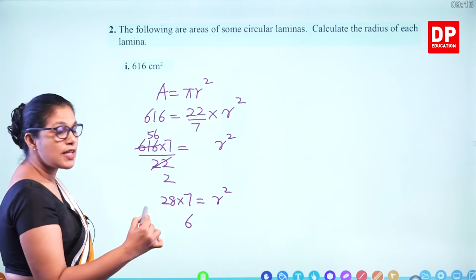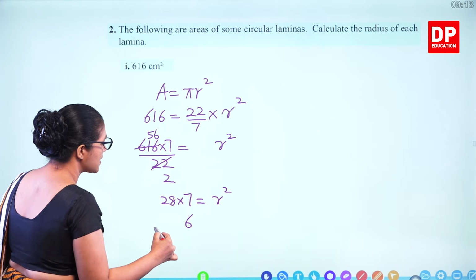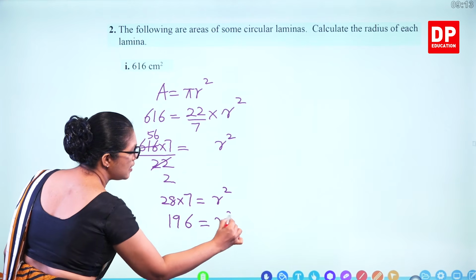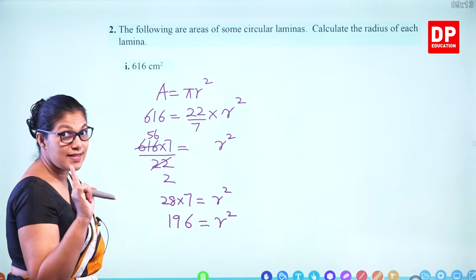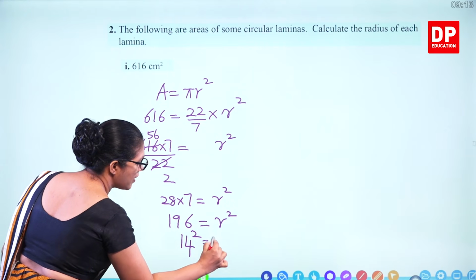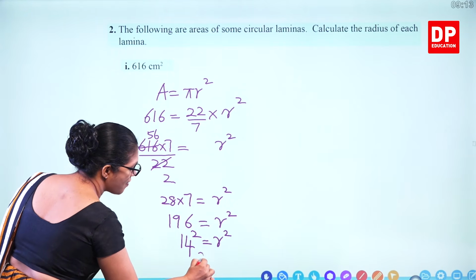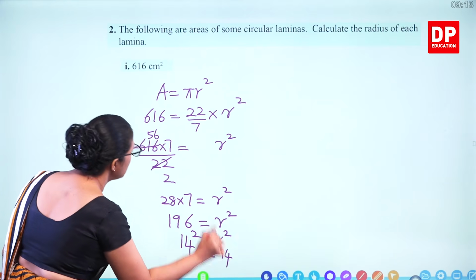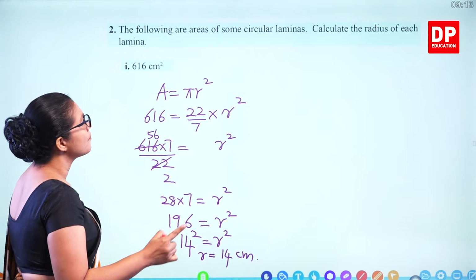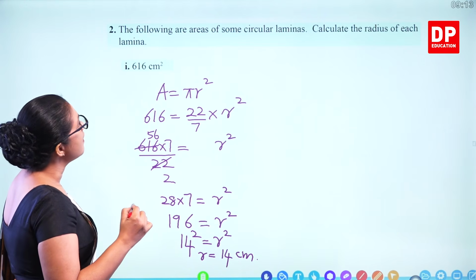So we did this before. What is 196? 14 times 14. 14 squared is r squared. So what is r? 14 centimeters. So that's the radius.